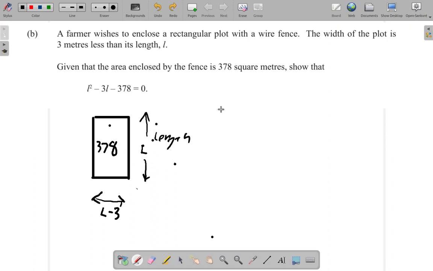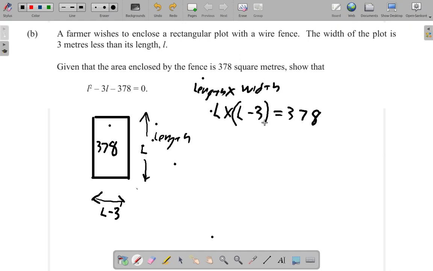What this is really saying is that the length multiplied by the width, which is L minus 3, you have to put it in brackets. So the length times the width, L times (L minus 3), is equal to 378. Because L is the length, and I'm really saying L the length times the width, which is L minus 3.